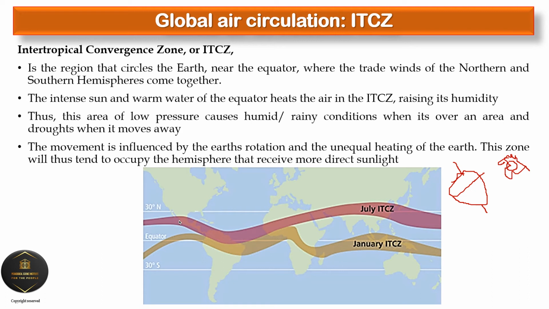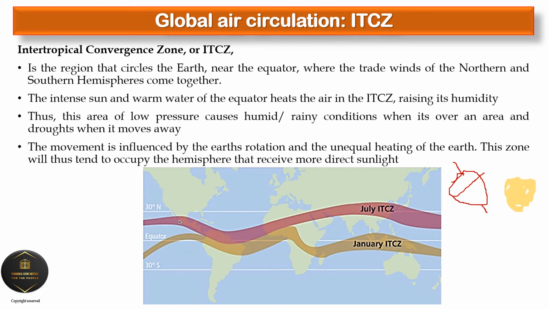So what will happen now is that the Sun will always give direct rays to the central part of the Earth. Now your ITCZ will be located there basically. So the ITCZ is located there. Now if this were the Sun, let me just use the color yellow for the Sun and shade it around.